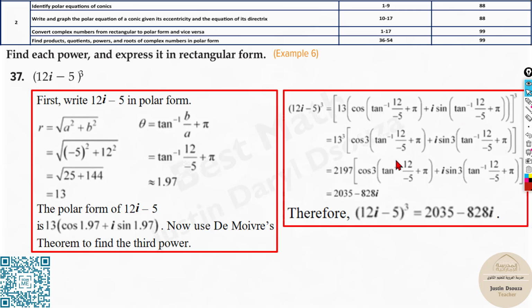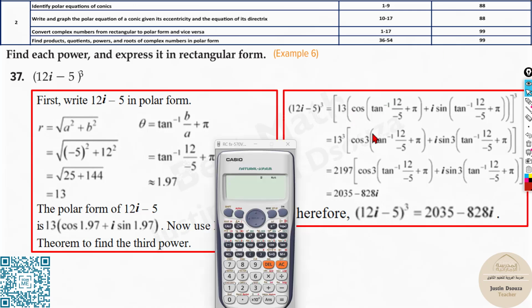Let me just put this in the calculator and show you. So here, let me just take this part. No, they have already directly multiplied, so let me show you what's happening. 2197 multiplied by cosine, bracket is already open, 3 multiplied by bracket open. Now instead of all this, I just write 1.97.